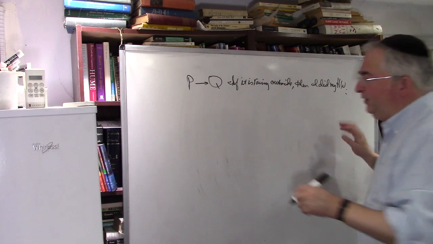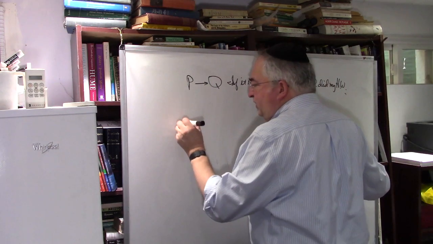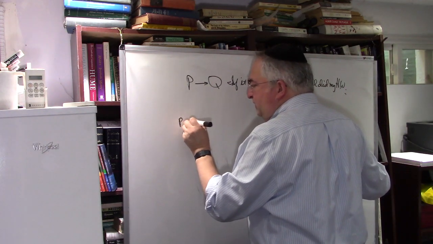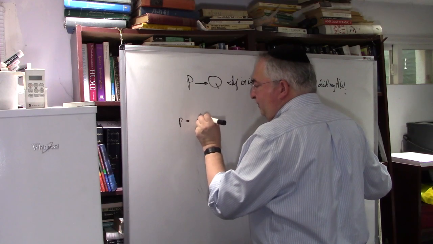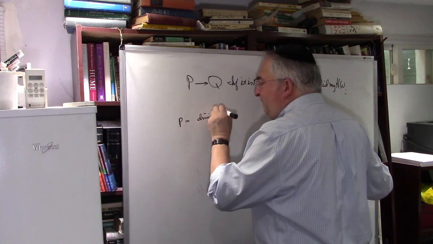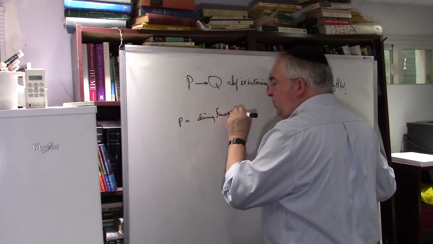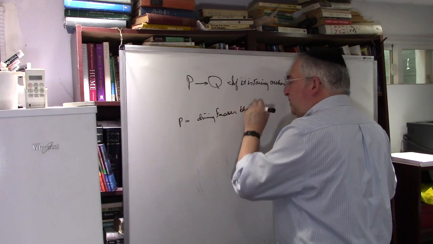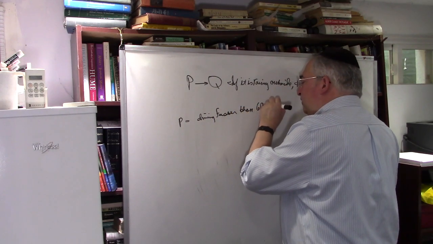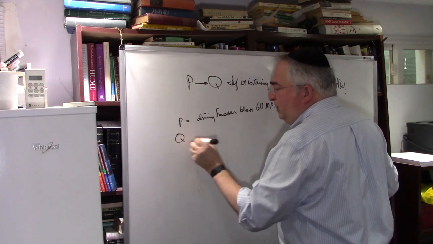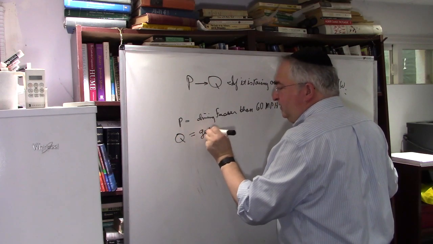Let me give you some others. Here's another one. P stands for driving faster than 60 miles per hour. Q stands for getting a ticket.